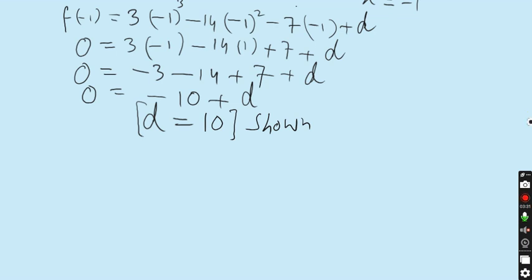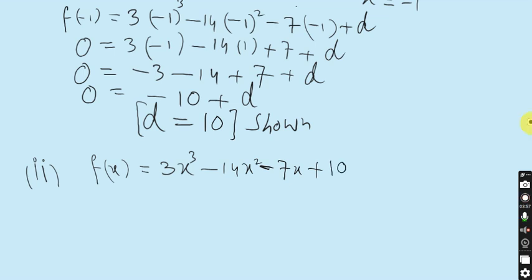Part number 2. First write the polynomial. f(x) is equal to 3x cube minus 14x square minus 7x plus d, and we found d is 10.